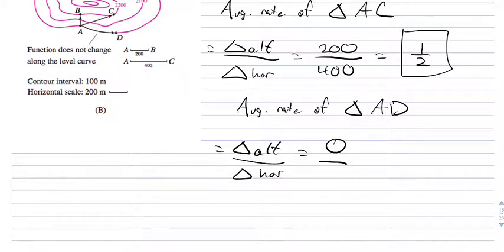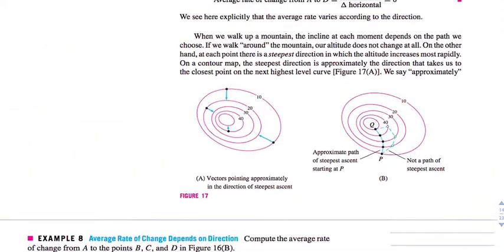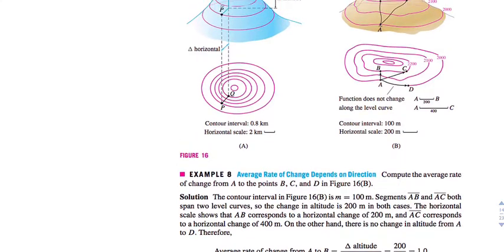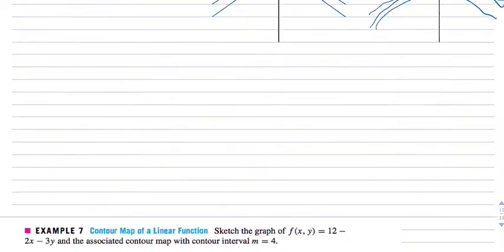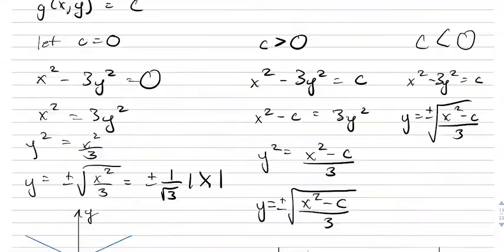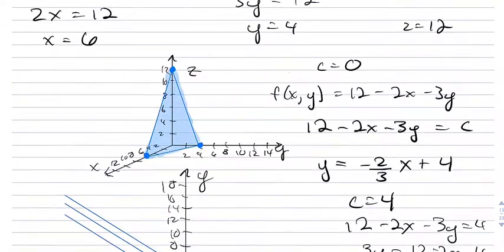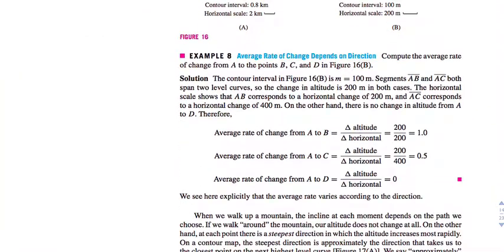And then the change in the horizontal, it doesn't really matter what distance, so we'll just leave it as the change in horizontal. Because it's kind of like walking around the mountain on the same level. So then the average rate of change there would be 0, is what I would anticipate. Okay, yeah, so that's fine.